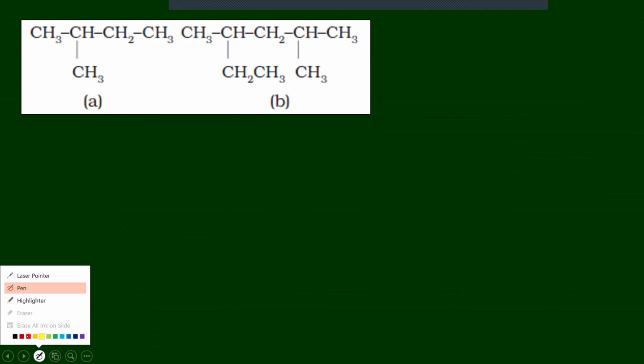Okay, now let's discuss the examples. In the first example, how many carbons can you select in the longest chain? Once again, the thought process should be to identify all the possibilities of the longest chain. If I start from here: 1, 2, 3, one possibility; 1, 2, 3, 4, another possibility.